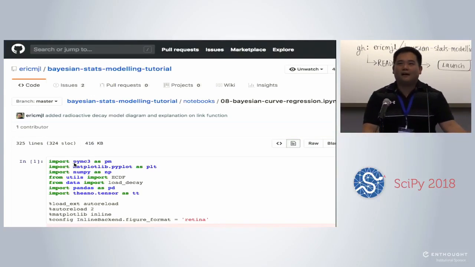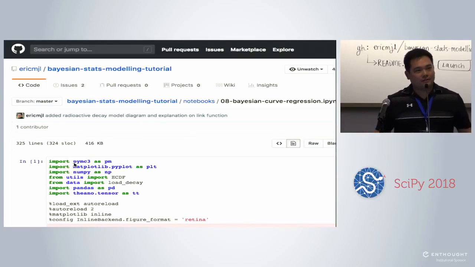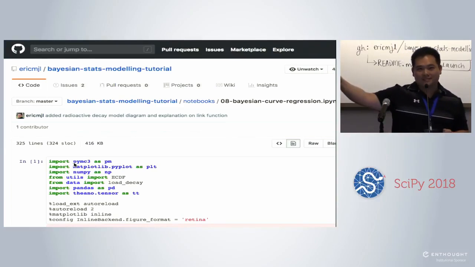Okay. On my way, oh yeah, how many of you have done deep learning? Okay, on my way to Boston, I came to the realization that they are all one and the same. They are all glorified curve fitting. All right, that's all this is. And I want to use this notebook to show you how you can do all this glorified curve fitting in a Bayesian setting.